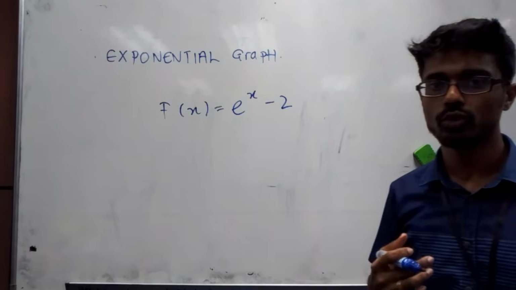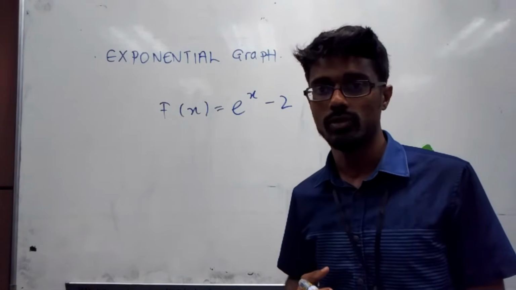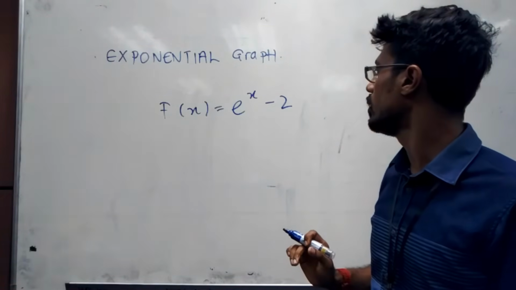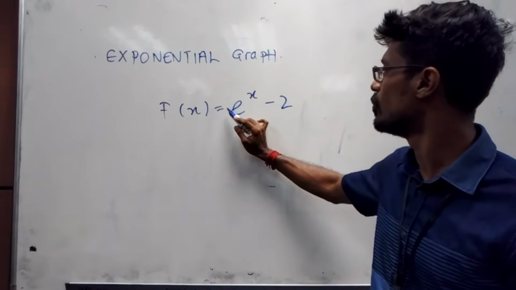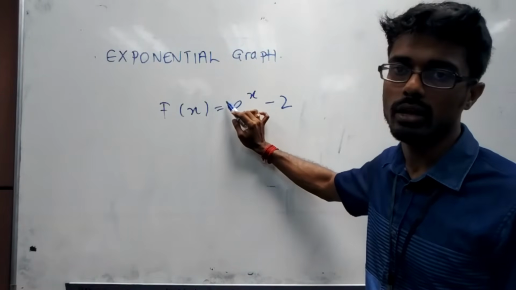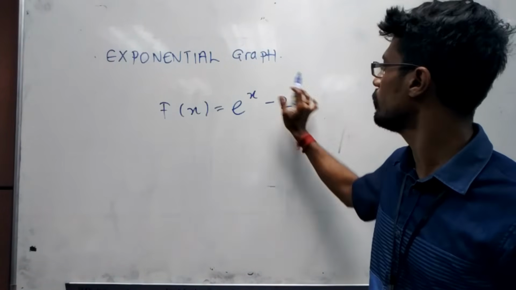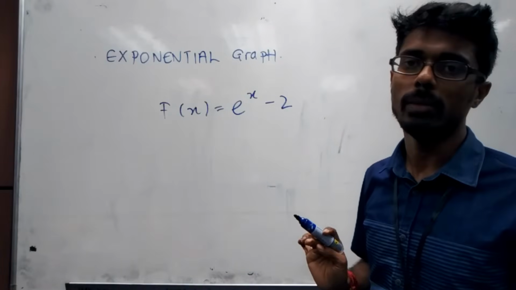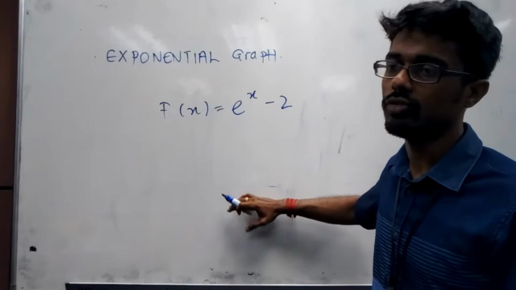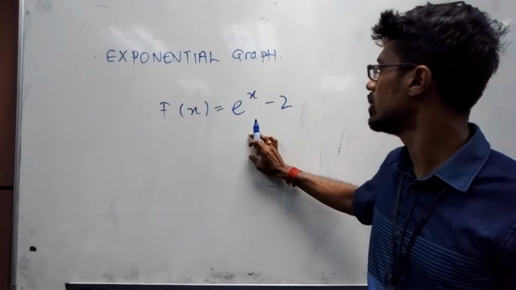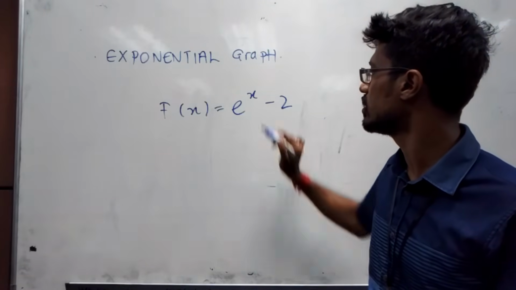I'm going to use whatever tricks that I've used in the previous functions to sketch the graph here. For example, if I were to have a negative in front, that would be reflecting about the x-axis. If I have a plus or minus behind, that would mean I'm shifting the graph up or down by a certain number of units.